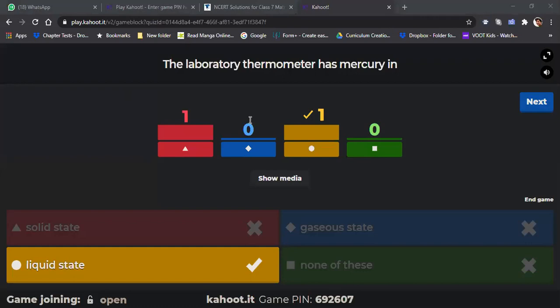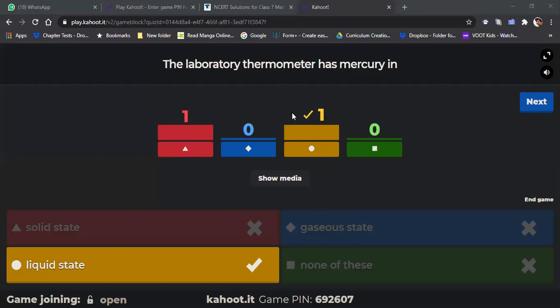Okay. So all of you just enter the game pin. If you logged out, just enter the game pin. Okay. Shall we start? All of you? Are you in the game? Tell me. Are you in the game? You are unable to log in?